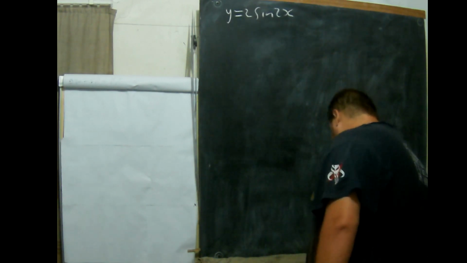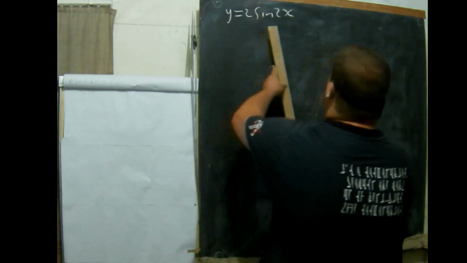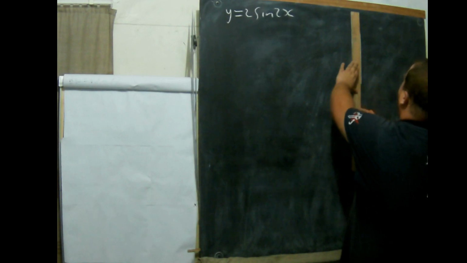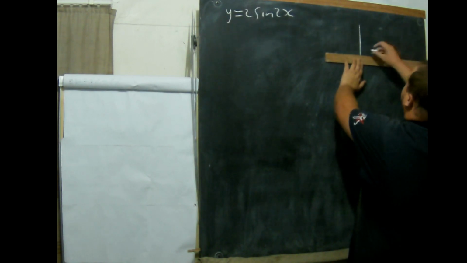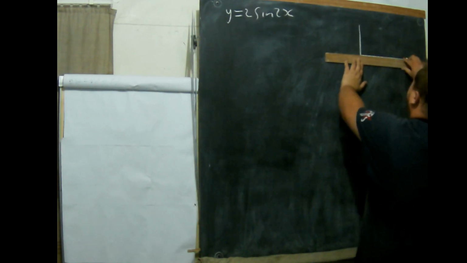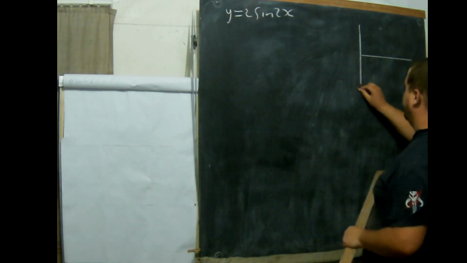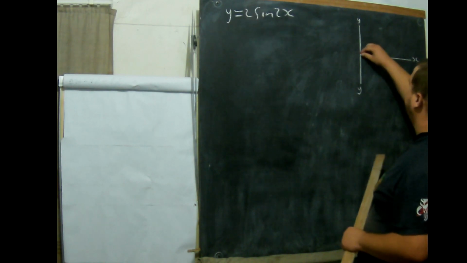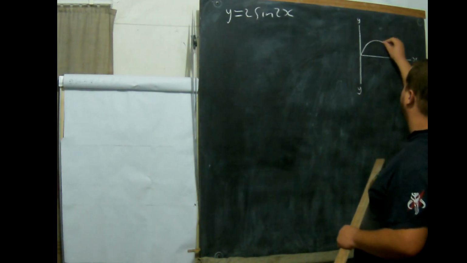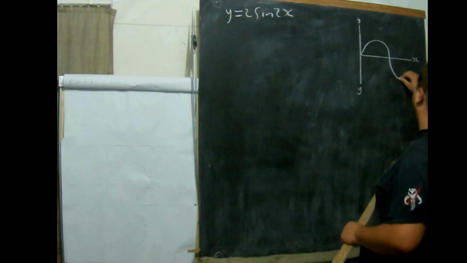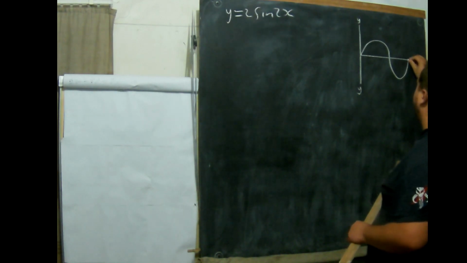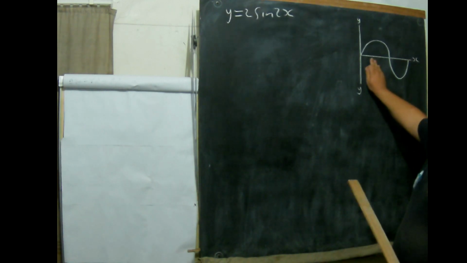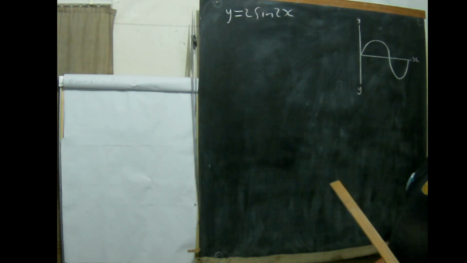So what we need to do is first draw our graph on the side here, so we have a better picture of what we're dealing with. This is the y-axis, and that's the x-axis. This is what a sine graph looks like.